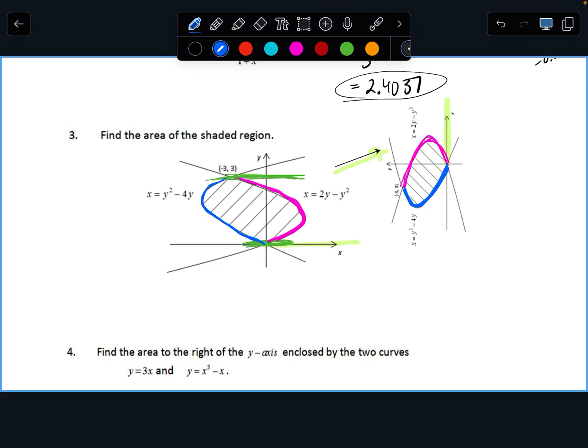So now we're in y world. Everything's got to be in y stuff. So I'm going to integrate, but I have to integrate in terms of y things. This one, just trust me, it's at the origin.